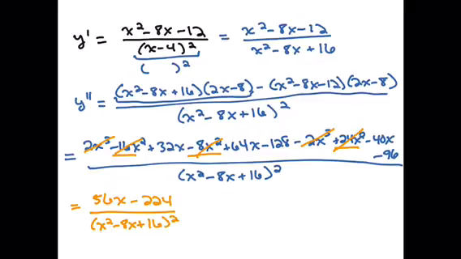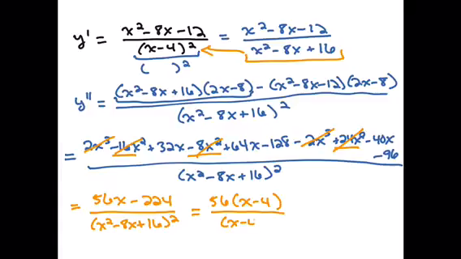Now that certainly doesn't look like anything is going to simplify. Let's factor a 56 out of the numerator, and that leaves me with x minus 4. If I go back from our multiplied out denominator to what we started with, this is actually x minus 4 to the 4th.